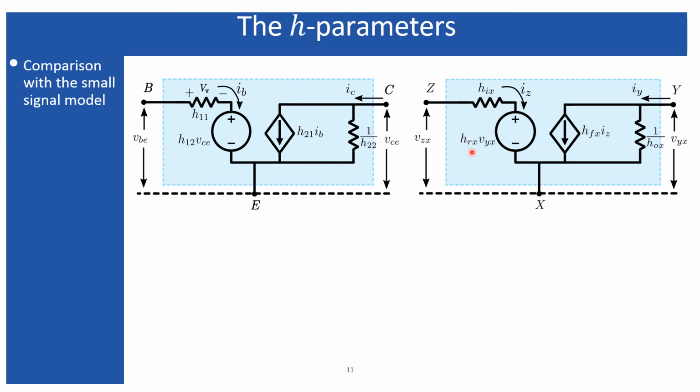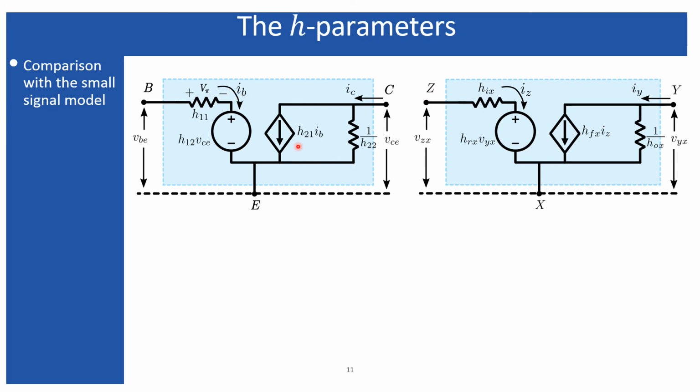Similarly, the reverse coupling coefficient is HR, and it is associated with this X terminal, because it is a common X configuration I am considering. So HRX will be there, and the corresponding VCE, right now you can consider C means collector to emitter, will be represented as VYX. Okay, IZ represents the input current from the Z terminal, as it is shown as IB over here.